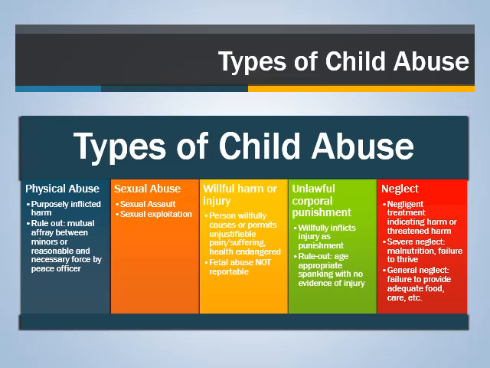There are a number of kinds of abuse to be aware of. First, of course, is physical abuse. This is clear that it's something that's purposely inflicted harm, ruling out mutual affrays among minors. Sexual abuse could be either assault or exploitation.